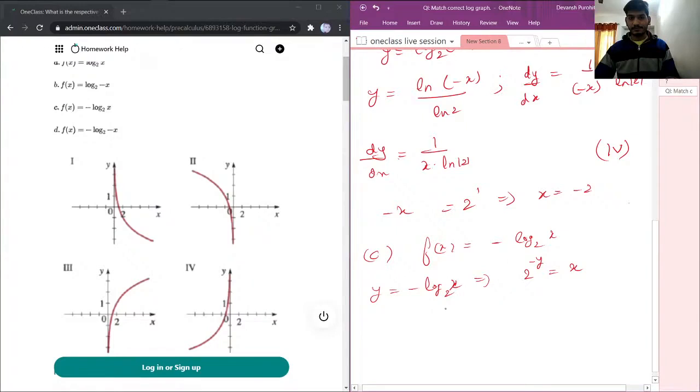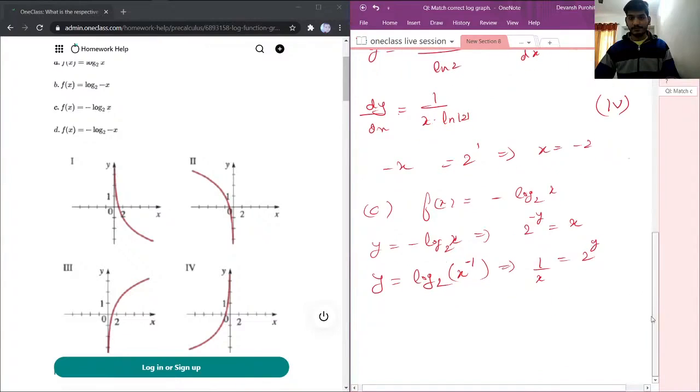Yep, can do it in this way. Now for taking the derivative, let's just plug in the value for y. So when y is 1, 2 power minus 1 will be x.